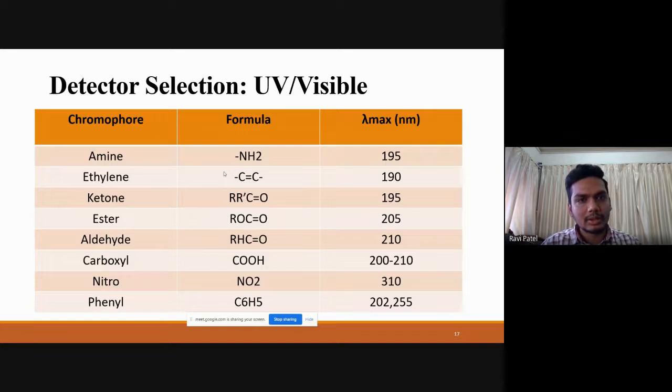So these are some solvents with their lambda max, and these are just general chromophoric groups like amine, ethyl, ketone, ester, nitro, and here I have written down the lambda max. Based on these auxochromes available in structures, we generally assume that when all these groups are present, my compound is UV visible.